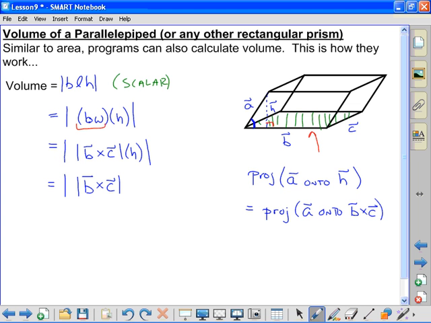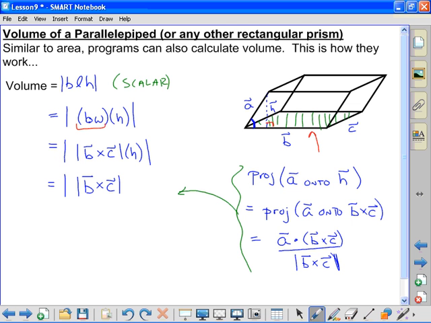So we want to find the projection of A onto B cross C, and using the formula we talked about earlier, the resulting formula is A dot B cross C over the magnitude of B cross C. So this is just from our work on projections on the first part of this slide. Okay, so substituting that in.